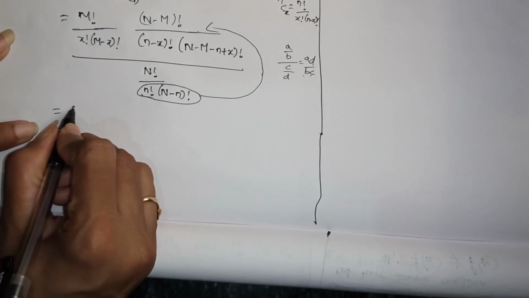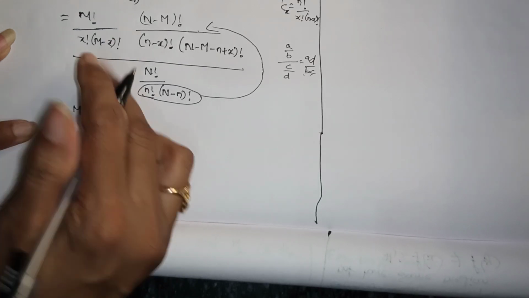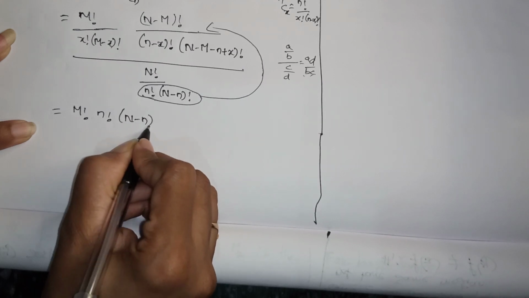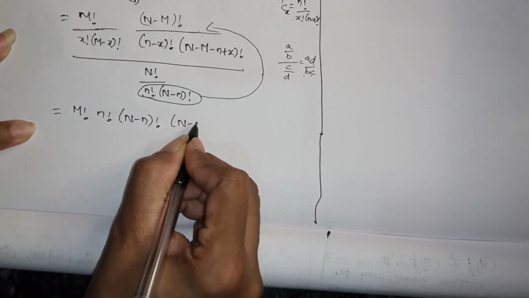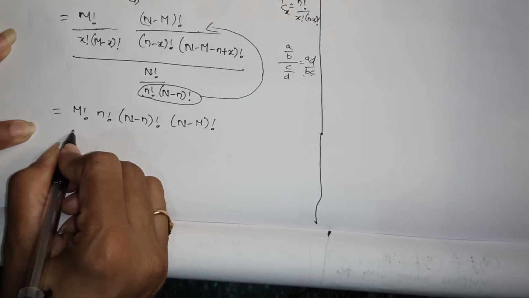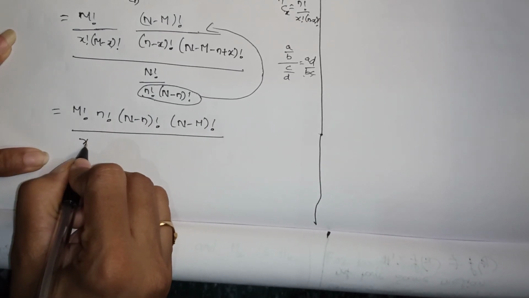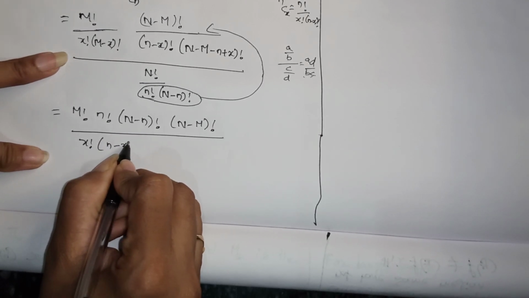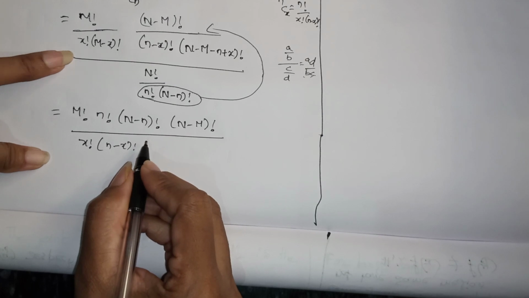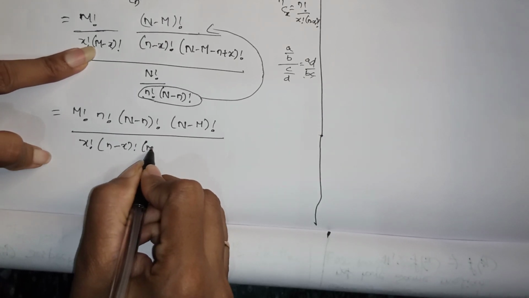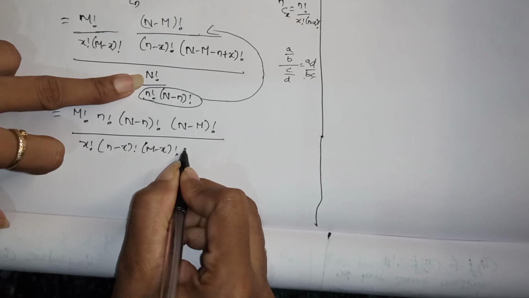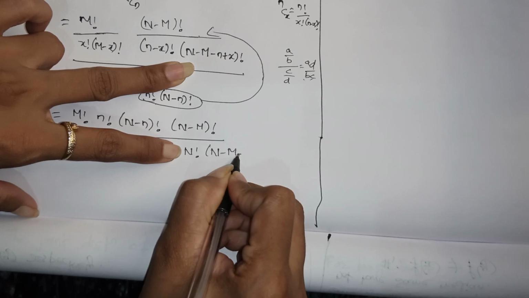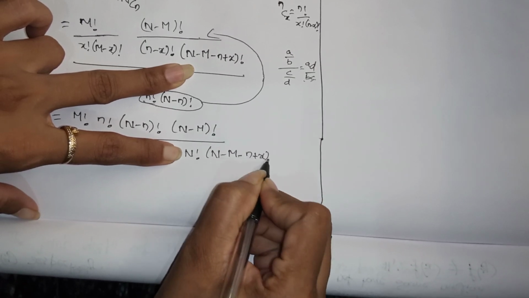So M factorial into n factorial into N minus small n factorial into N minus M factorial, whole by x factorial into n minus x factorial, and next M minus x factorial, N factorial and N minus M minus n plus x factorial.